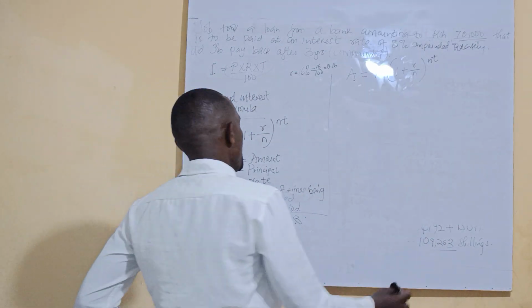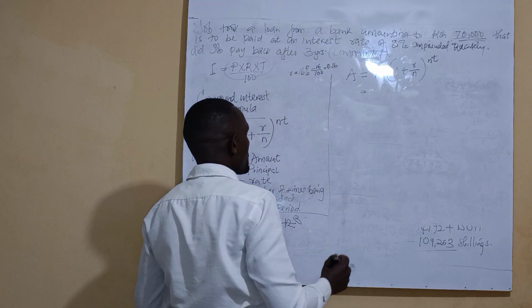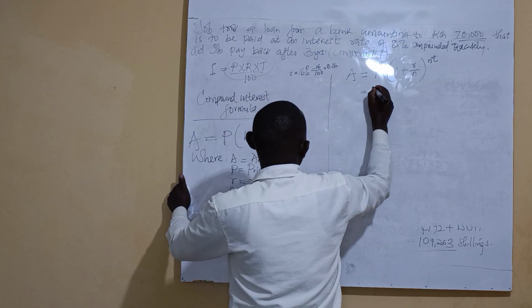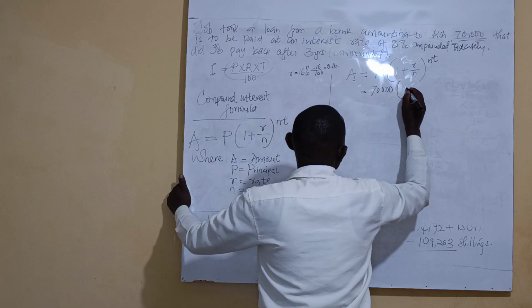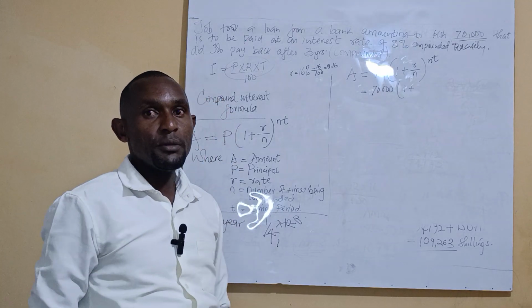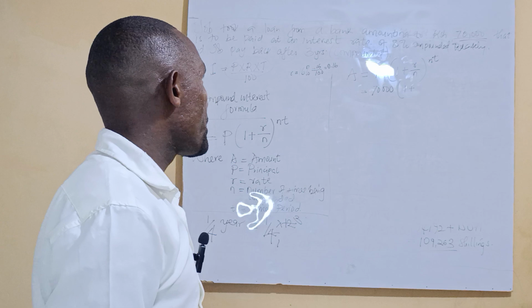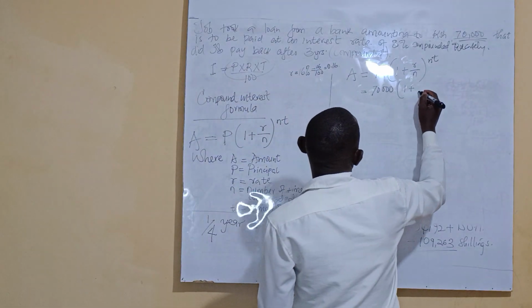So from there, we replace these letters with the corresponding values. The principal is 70,000 once again. So 70,000 into brackets 1 plus. Remember that we said 8%, we are going to work it out in decimal form. So 8% is going to be 0.08.